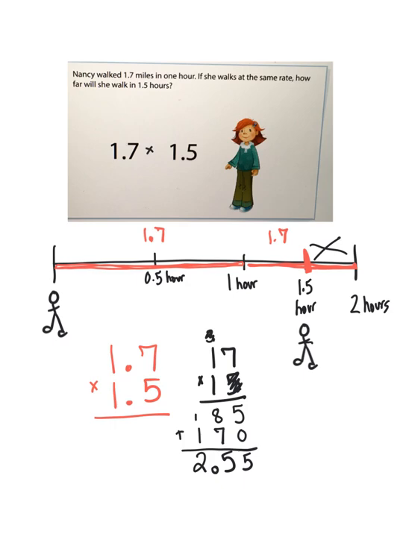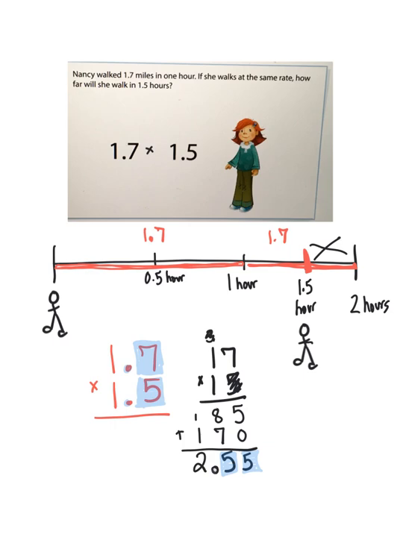Remember, our rule for this is to count up the number of place value positions to the right of your decimal point. In this problem, we have 2 place value positions to the right of our decimal points. And so for our answer, we have to have 2 place value positions to the right of the decimal point.